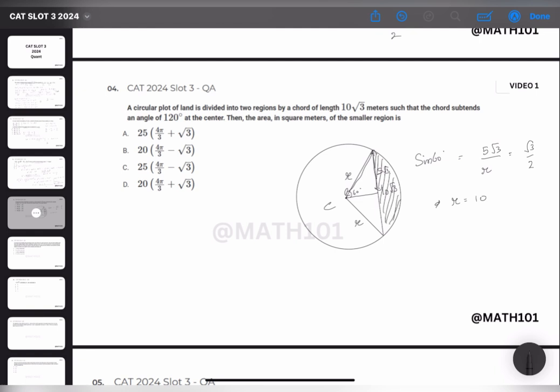So this area is the area of this sector minus the area of this triangle. Area of this sector is 1 by 3 times the area of the whole circle, so it becomes 1 upon 3 into pi into the radius squared, which is 100.